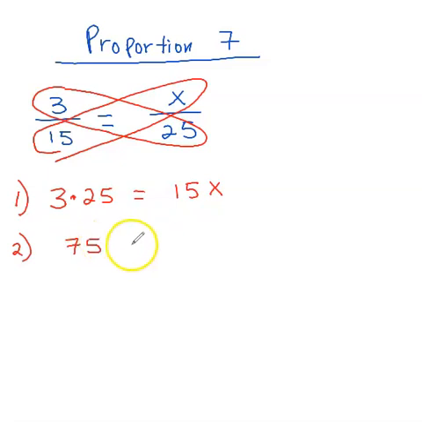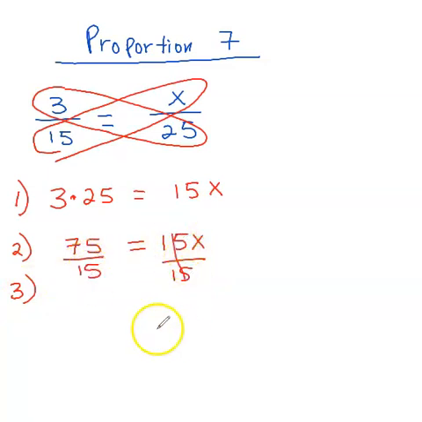Just think of it as 3 quarters to buy some snack that you want to look for. So 3 quarters is 75 cents equals 15x. And then I'm going to divide both by 15 like this. And x is equal to 5. Okay? 75 divided by 15 is 5. So x is equal to 5.